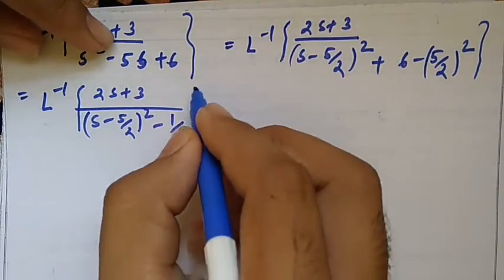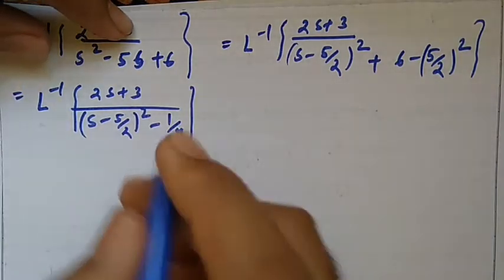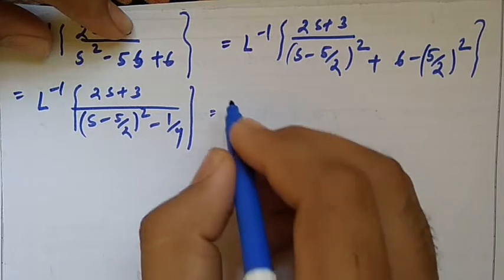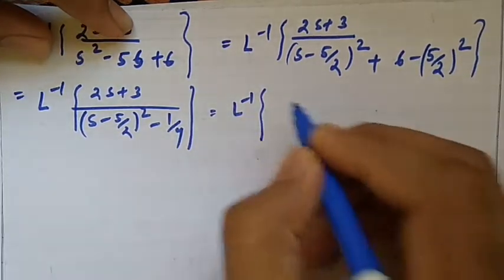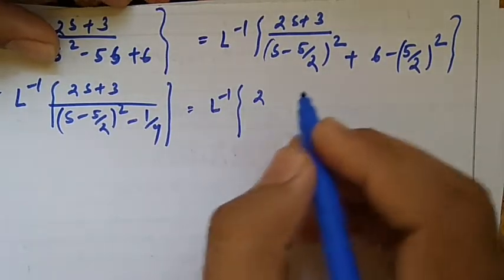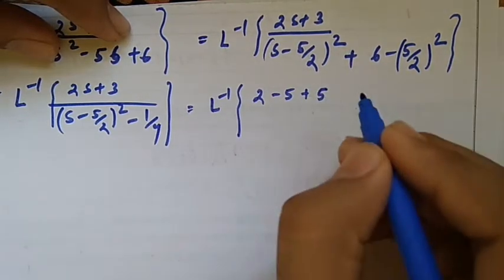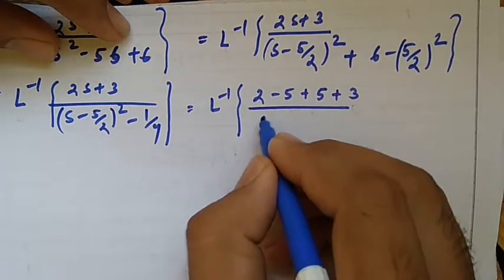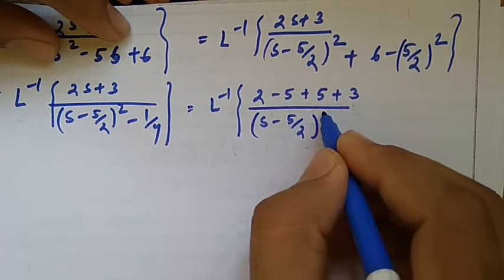Okay, let's make some changes in the upper side. 2s, let's make it 2s minus 5 plus 5 plus 3, over (s minus 5 by 2) whole square minus 1 by 4.